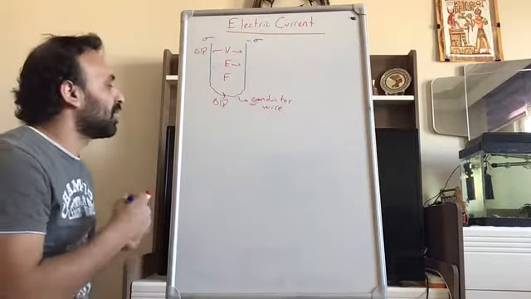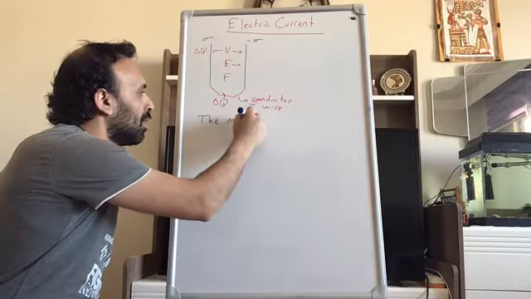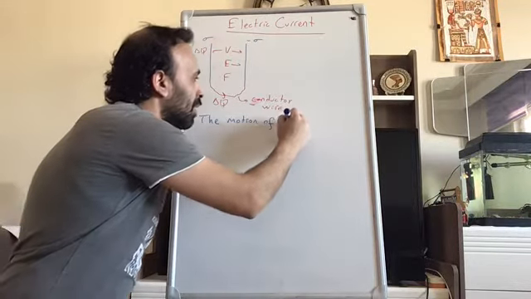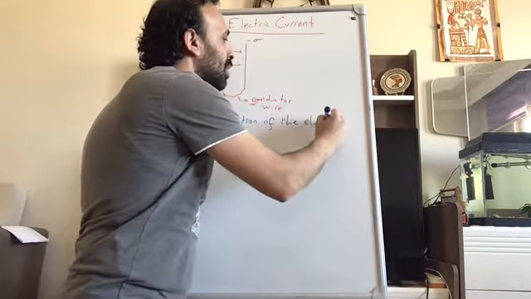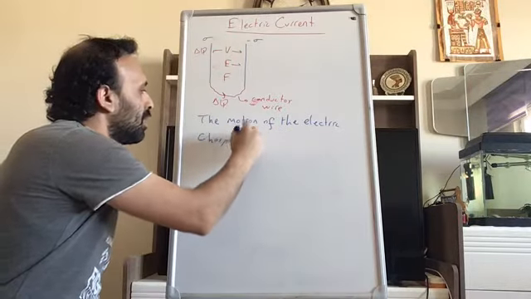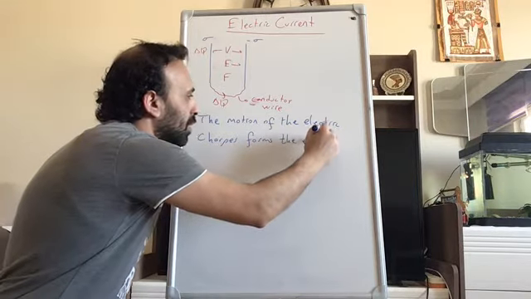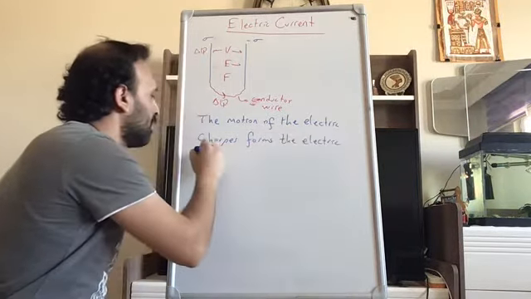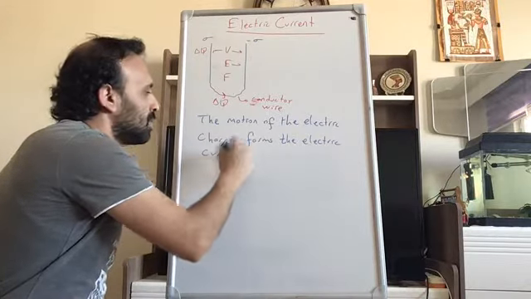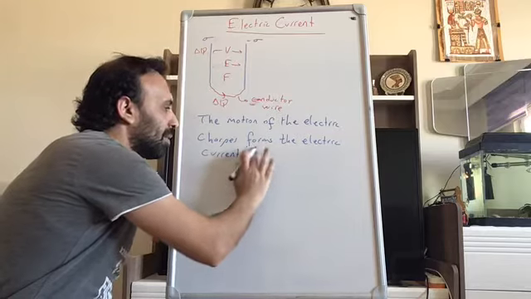So let me just write: the motion of the electric charges forms the electric current. So how do we define the electric current? Let me just write it.